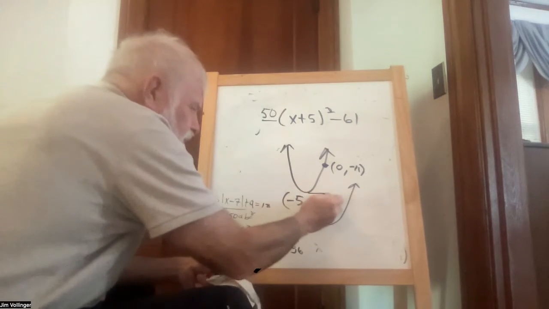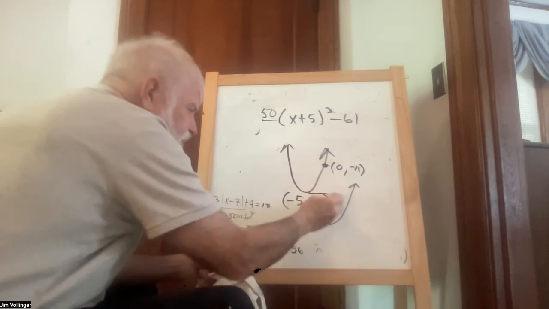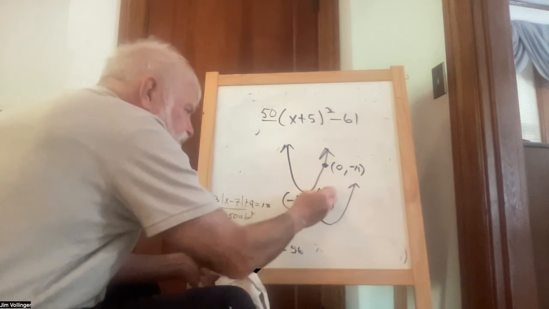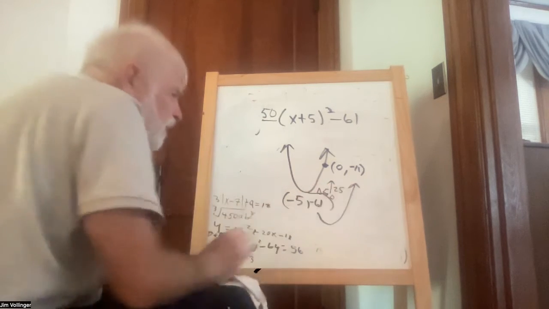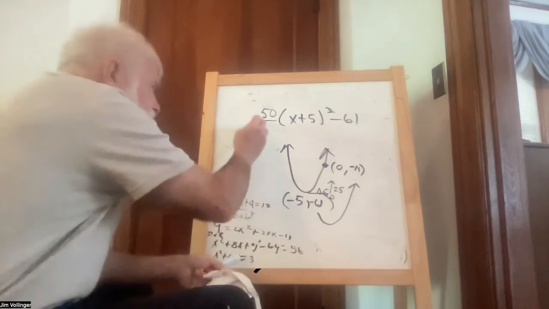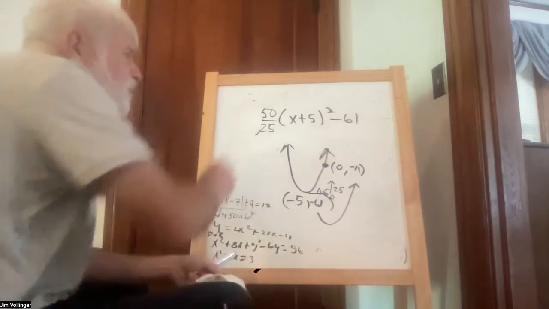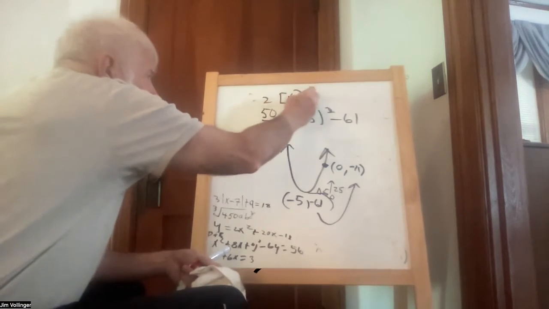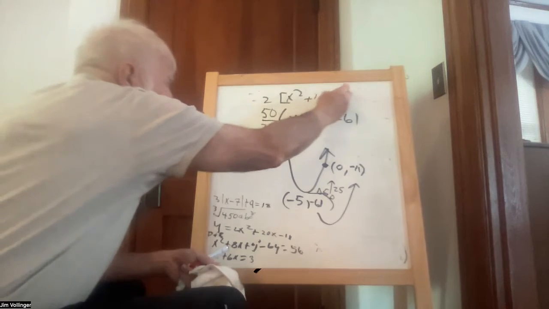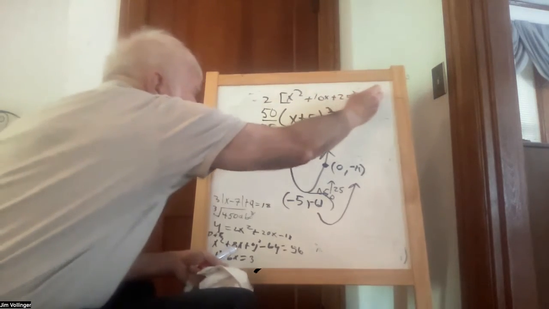If I went over 5 units from -5 to 0, well, that's a change of 5. If I square a change of 5, I get 25. But I want 50. I don't want that 25. And there's your 2. There's your x squared plus 10x plus 25. There's your -61.